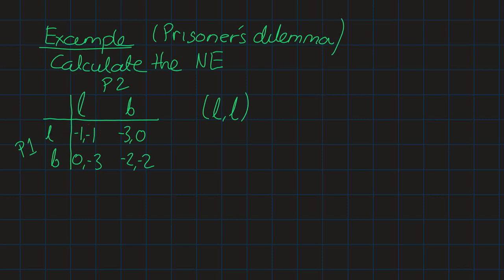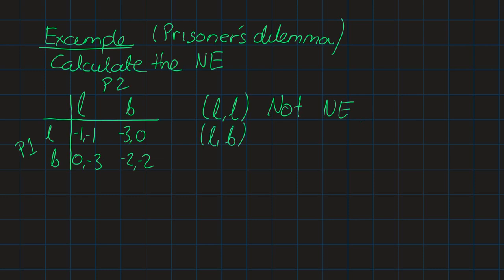And similarly, if player 2 changes their strategy from L to B, then their payoff goes from -1 to 0, which is also an improvement. So in this case, neither player is content. So no, it's not a Nash equilibrium, because neither player is content staying there. Both players have an incentive to change. Let's try a different one.